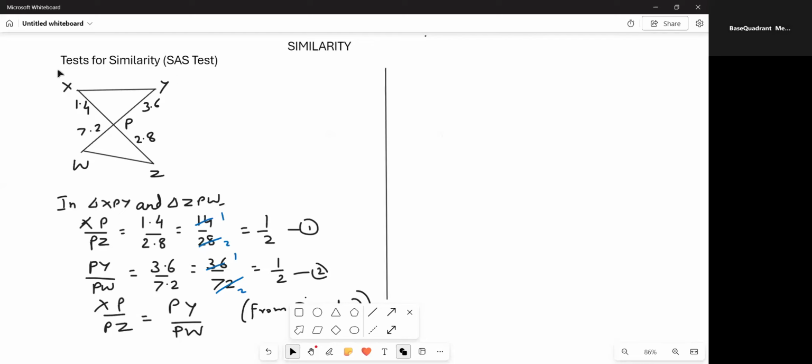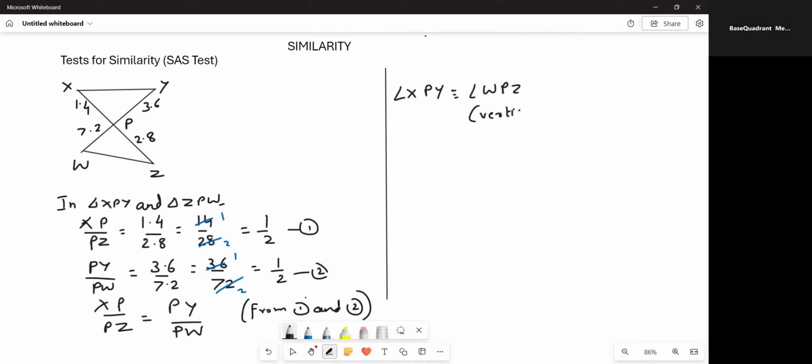Angle XPY is congruent to angle WPZ because they are vertically opposite angles, right? So, one pair of angles is congruent and the ratio of two pairs of sides is equal. That means 2S and 1A.